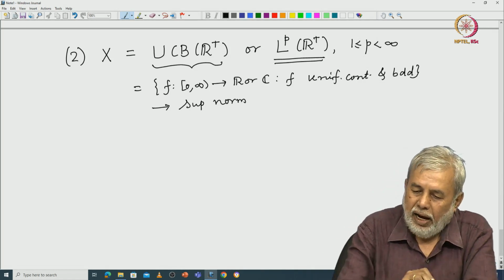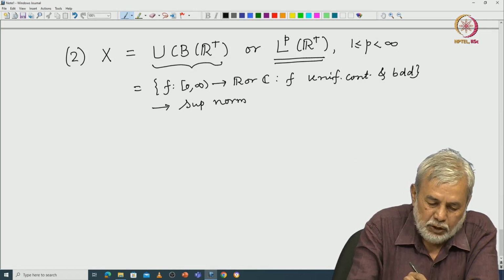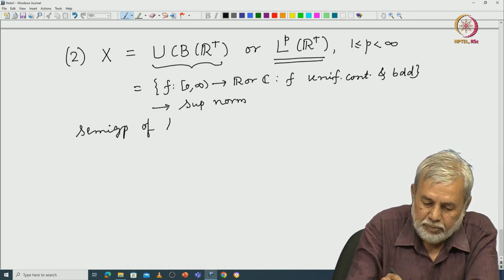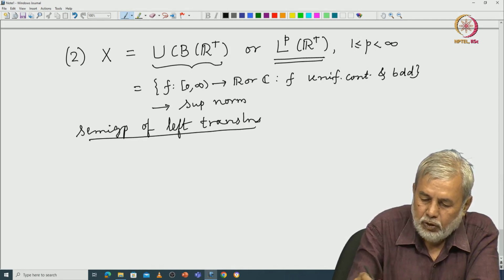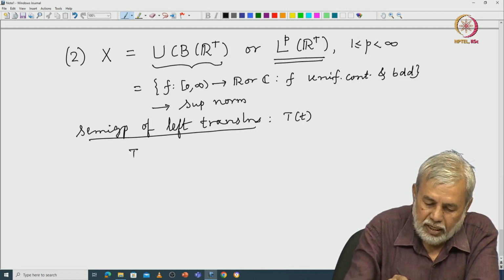Okay. And on this space X, now we are going to define the semi group of left translations. Okay. So, T t, T of t f is in X. So, again that is a function.